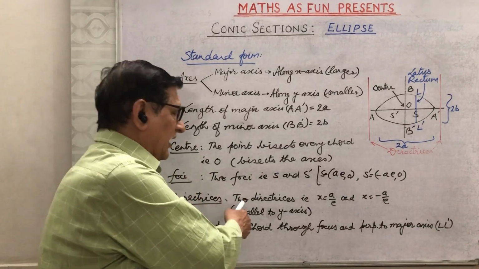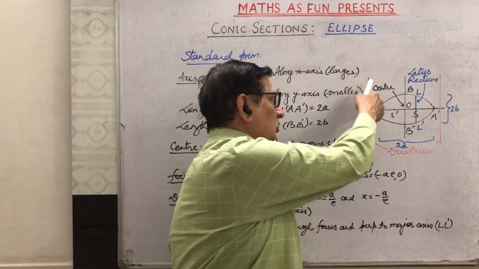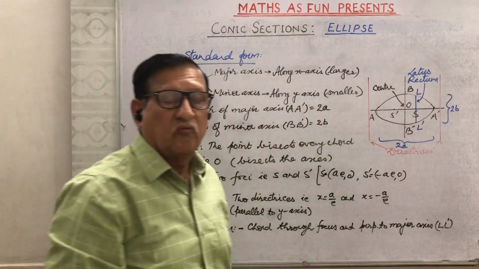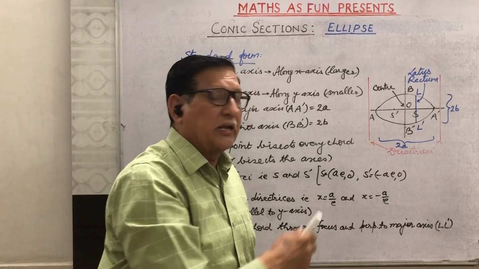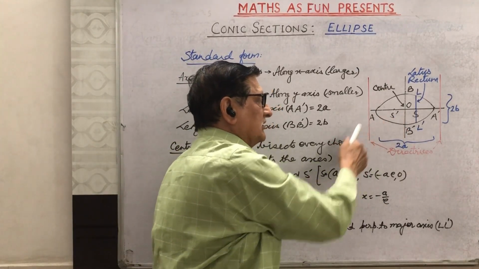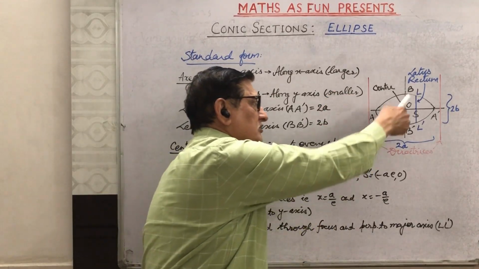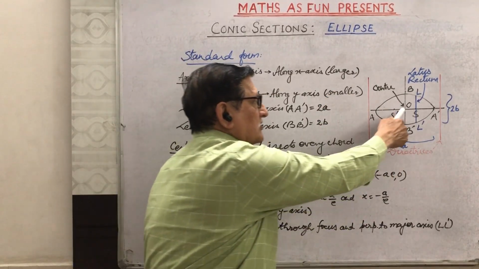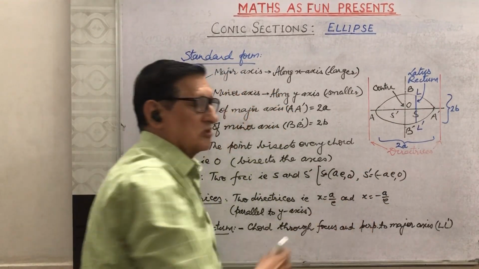Then the directrices. There are two directrices here, and they are both parallel to the y-axis, and the distance of each directrix from the center is a upon e. That's why the equations of the directrices can be given as x equal to a upon e, and x equal to minus a upon e.